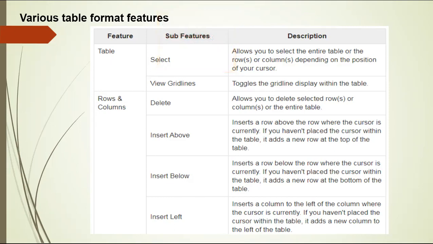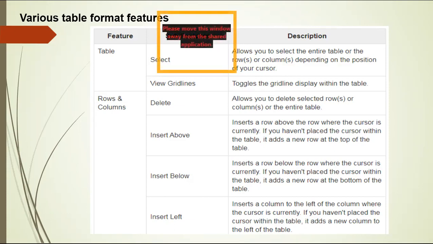Kasi lalo na pag nag-i-edit, di ba? Pag nag-i-edit tayo ng table, hindi naman lahat i-delete natin. So dapat i-select natin kung ano yung part ng table ang i-delete natin.